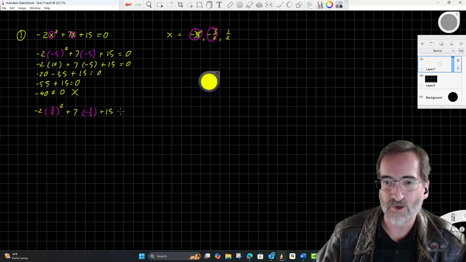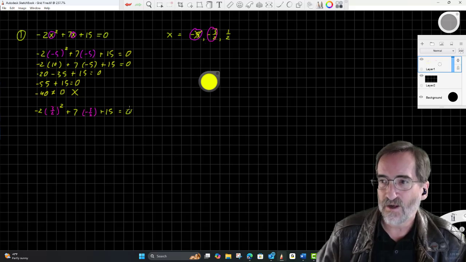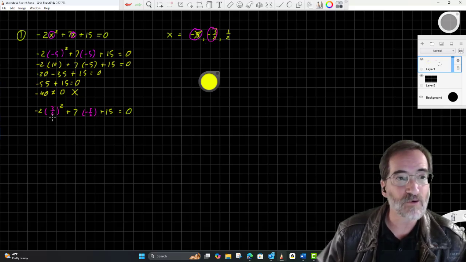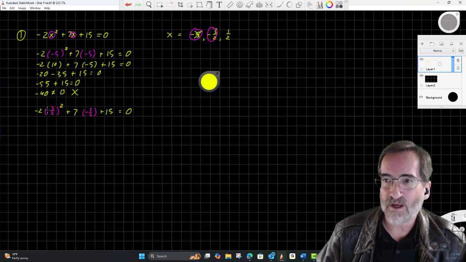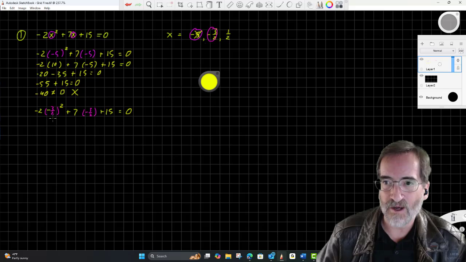Wherever you see an x, you put a negative 3/2. And notice I insert or substitute with parentheses. That's really important. And this is negative 3/2, not positive 3/2. Negative 3/2 squared means negative 3/2 times negative 3/2, and negative times a negative is a positive. When you multiply fractions, you multiply straight across. So 3 times 3 is 9. 2 times 2 is 4. So this is 9/4.